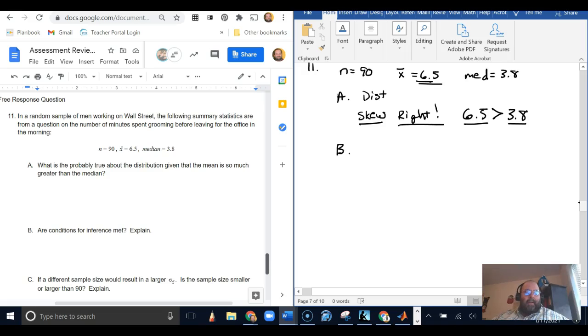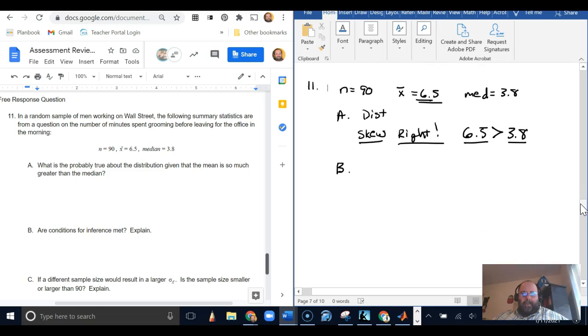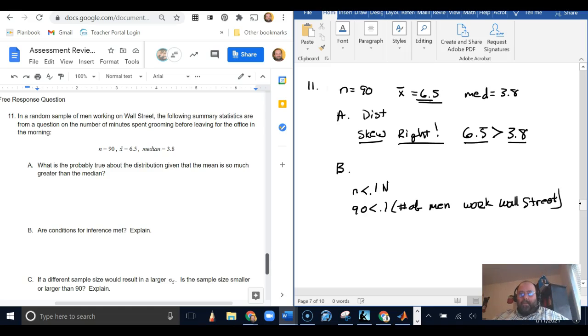B, are the conditions of inference met? Okay, so the conditions of inference would be, is the sample less than 10% of the population? And given that the sample here is 90, and the population is the number of men that work on Wall Street, I'm pretty certain that that number is going to be bigger than 900.